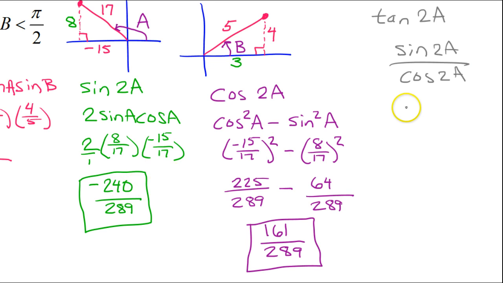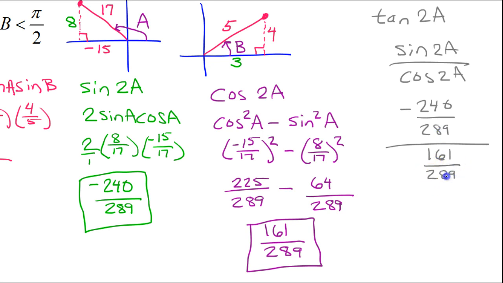So that's going to give me negative 240 over 289. Alright, that's the sine of 2A. Now the cosine of 2A, which is right here, it's this 161 over 289.